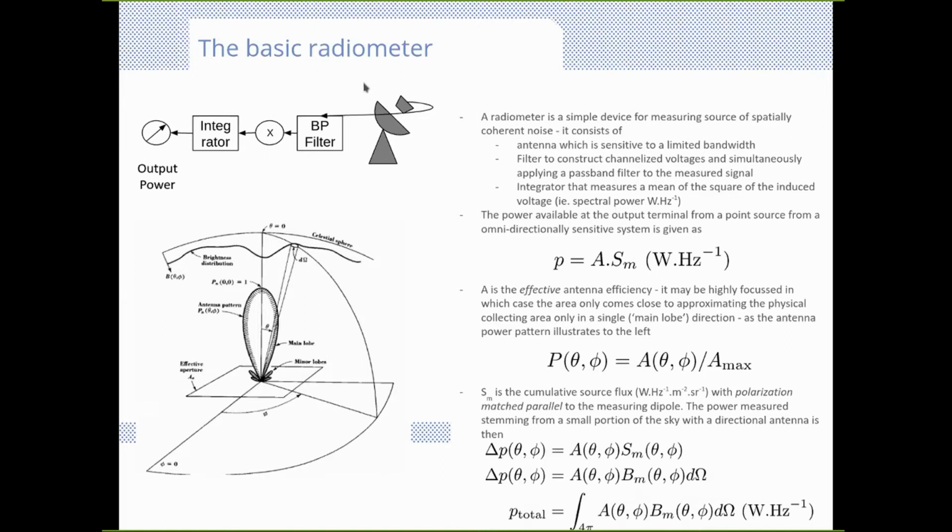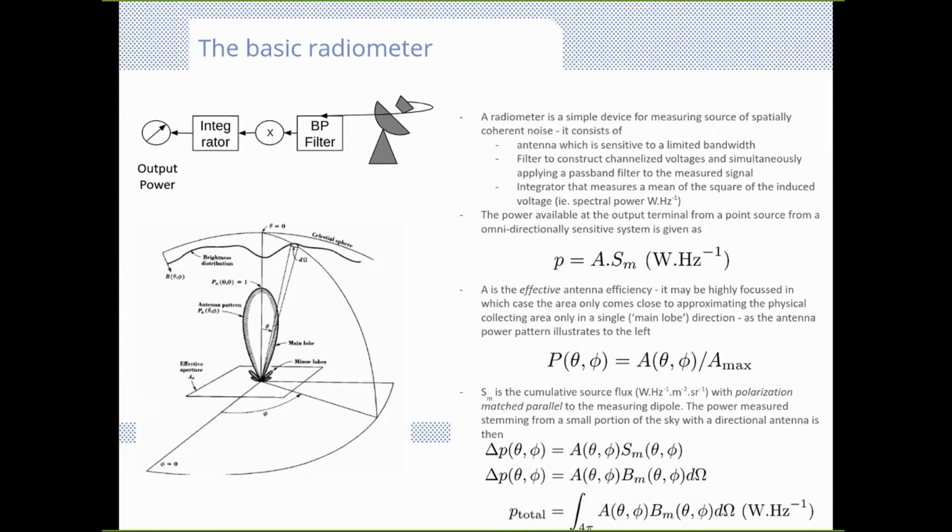Now, a radiometer consists of three primary components. The most important here, I guess, is the antenna itself, which can be a steerable or directional antenna, such as we have with MeerKAT or ASKAP or VLA, or it can be a simple dipole that you place on the ground that is non-steerable.